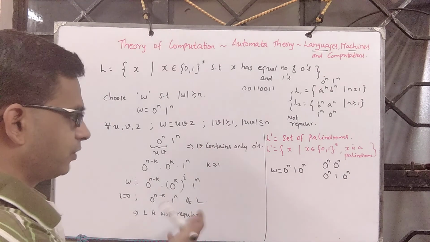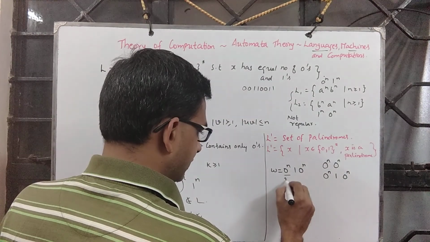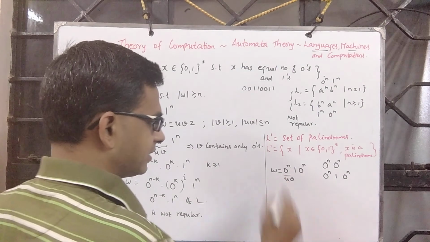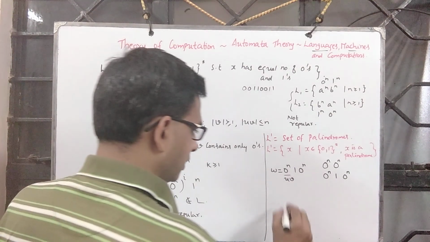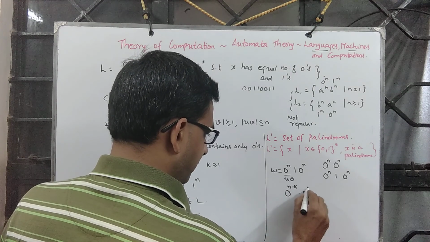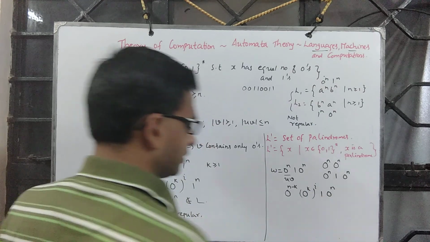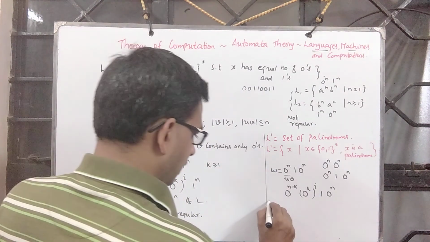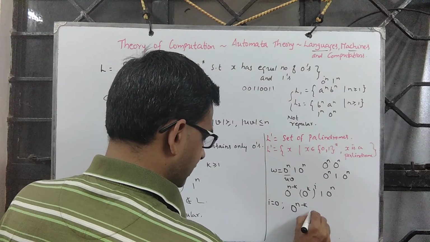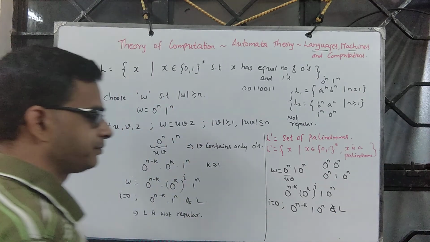Now simply follow this proof and you see that uv is concentrated on this part. In particular, v contains some number of zeros. So now you see that 0 power n minus k, 0 power k to the power i, 1 followed by 0 power n. Now choose i equals 0. You see that 0 power n minus k, 1, 0 power n is not in L.